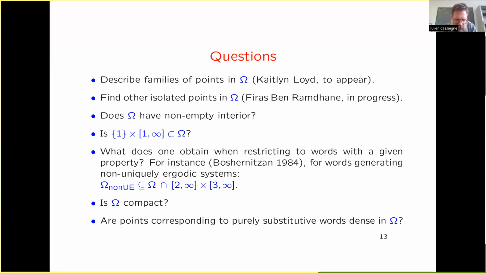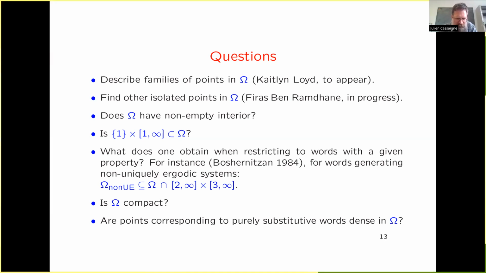And then the last two questions correspond to properties of omega when you take limits of points that are in omega, and they would give a better meaning to the pictures that I've made. For the moment, the pictures are just dots corresponding to examples. And so they prove nothing.